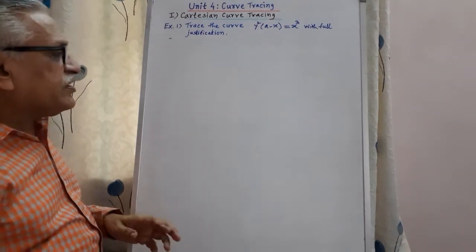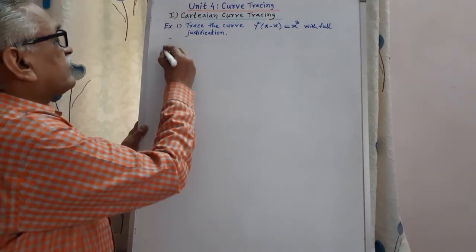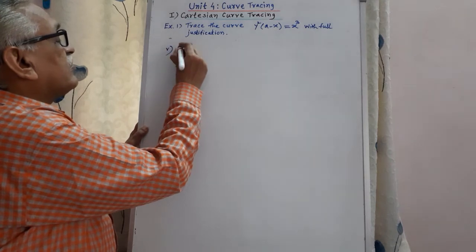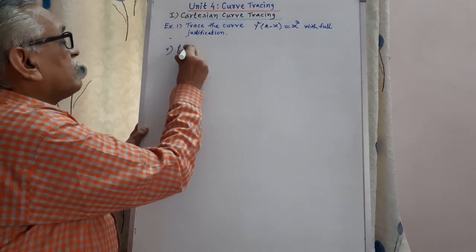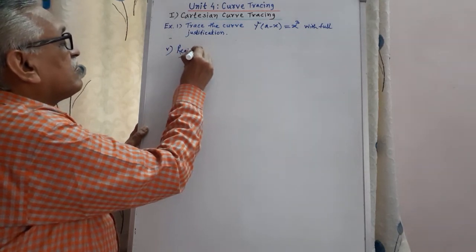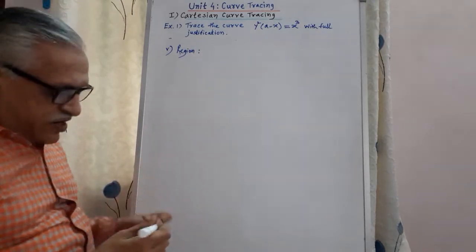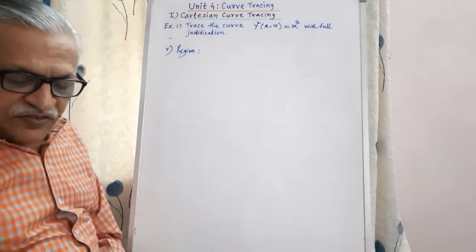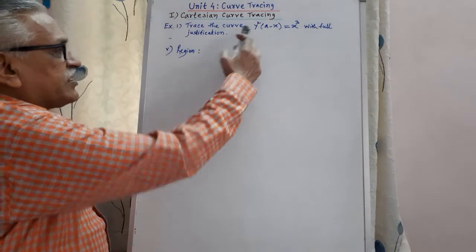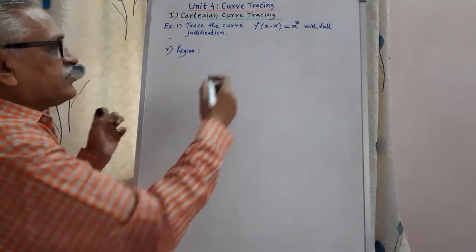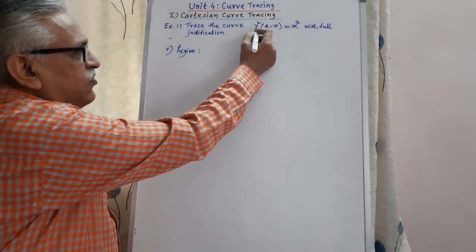And the last point is region where curve exists or where curve does not exist. As the curve is symmetrical to x-axis, we have to solve it for y.